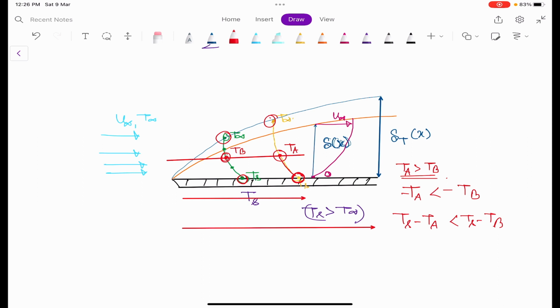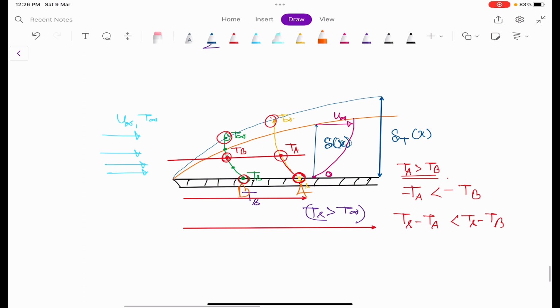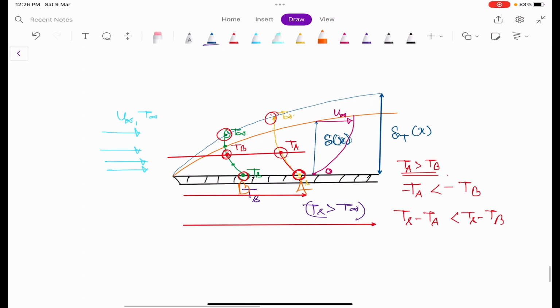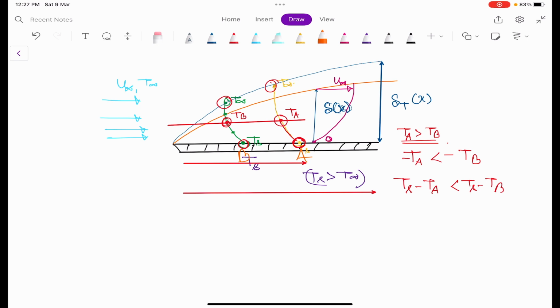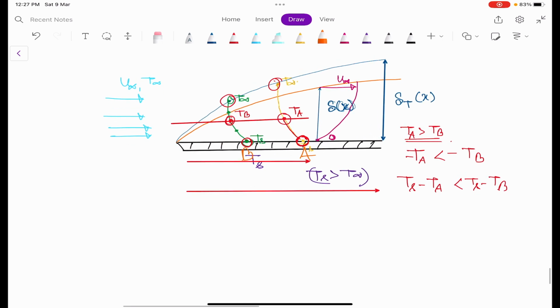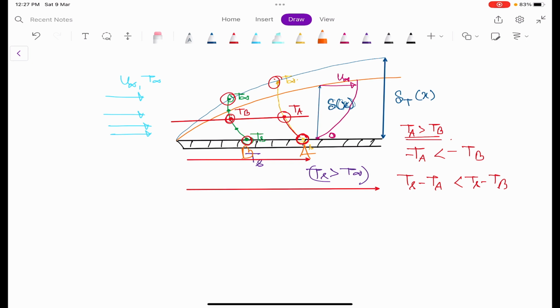So for the second case, let us name these sections as section A and section B. For section A, at the same vertical distance, I have a lesser temperature decrement. In other words, if I want the same temperature decrement in both sections, it will take a greater vertical distance for section A. I hope I am clear on this, and that is why the thermal boundary layer is also growing like the hydrodynamic boundary layer.